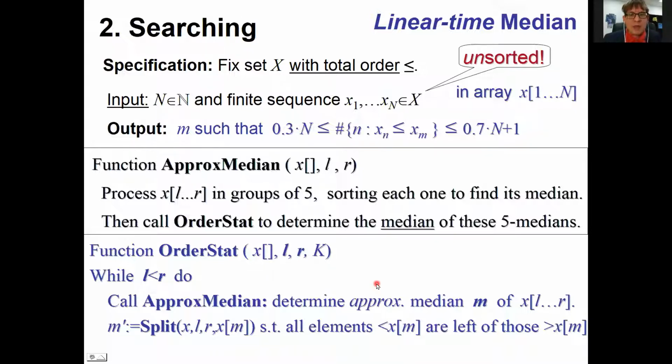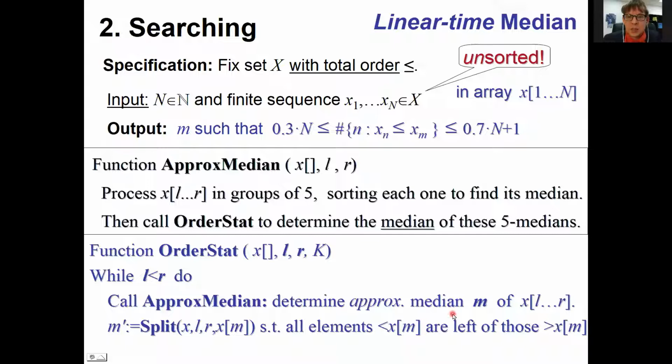Yes, and after this splitting, in the next round of the order statistic algorithm, the algorithm can focus on only one of the two subintervals, right?